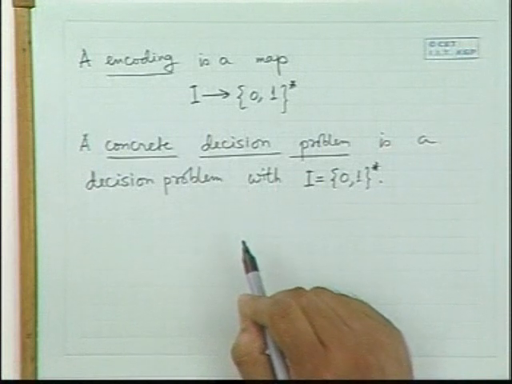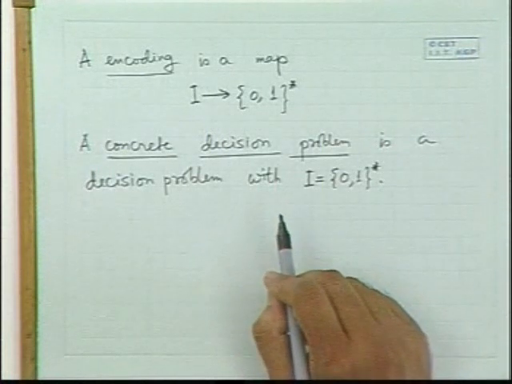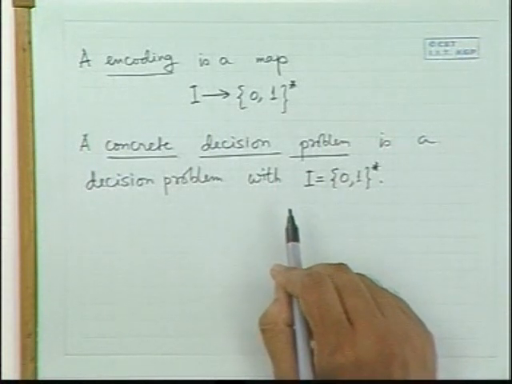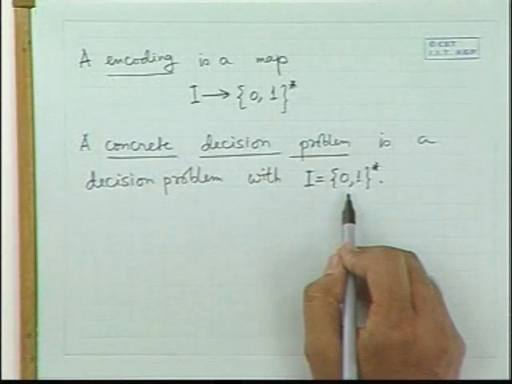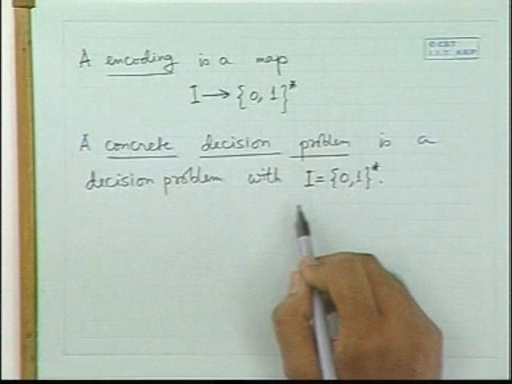Certainly, if you consider all the strings from 0 and 1, some of the strings will not represent an instance of the problem. Instances of the problem will be represented by certain strings of zeros and ones. So when we say I is equal to everything, for those which do not actually correspond to the problem, we will assume the solution is 0.